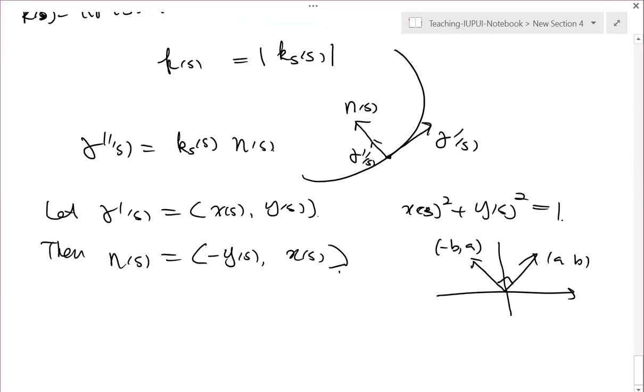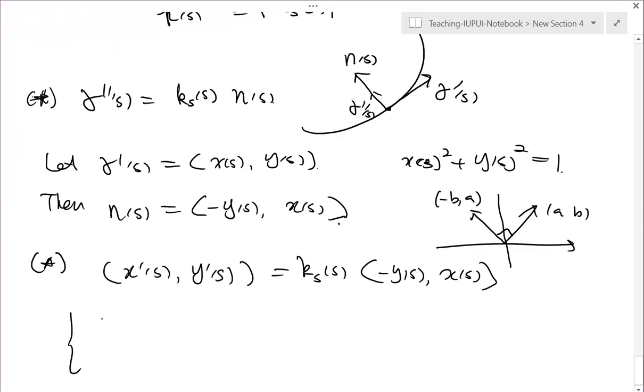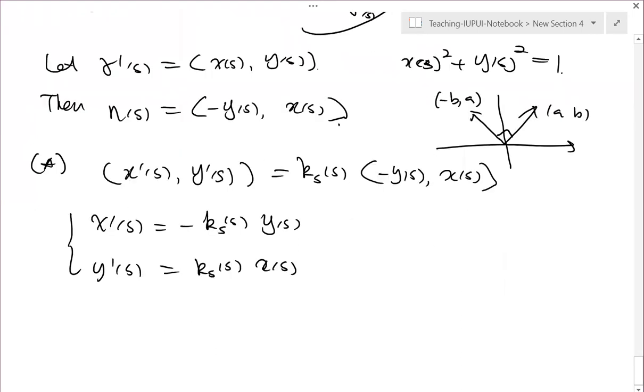So this equation implies the following. The double derivative is going to be k s times negative y s and x s. And then you have x prime s equals negative k s y s, y prime s equals k s x s. So you get a system of differential equations. Can we solve it?